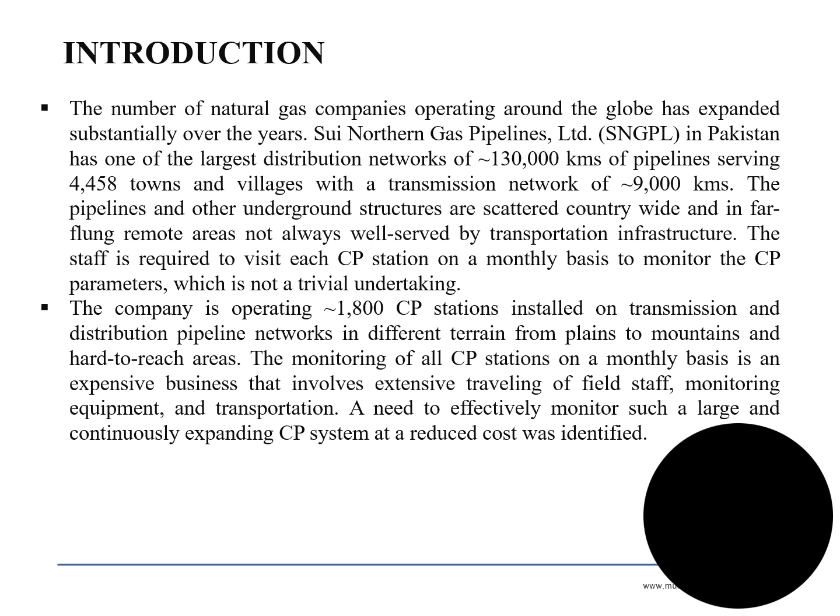Sui Northern Gas is one of the largest distribution networks of Pakistan and of the entire region, having a network of 130,000 kilometers of pipeline, serving around 4,500 towns and villages, and a transmission network which extends to 900 kilometers.